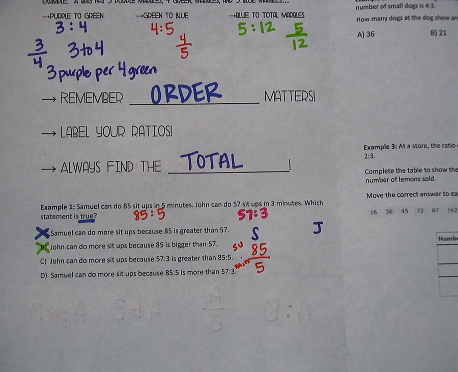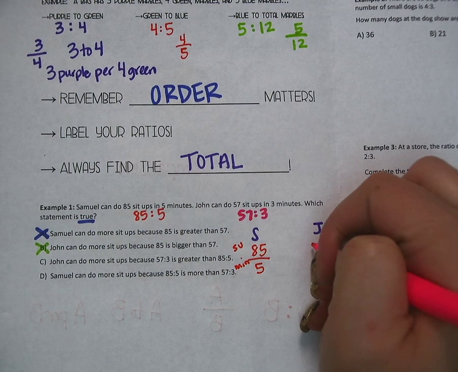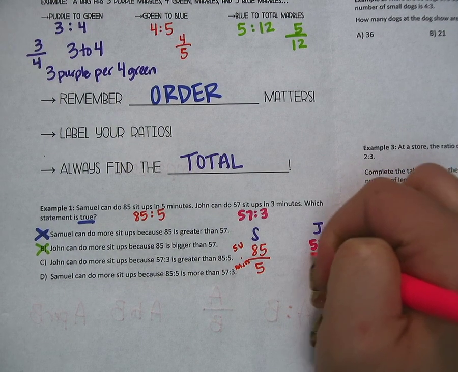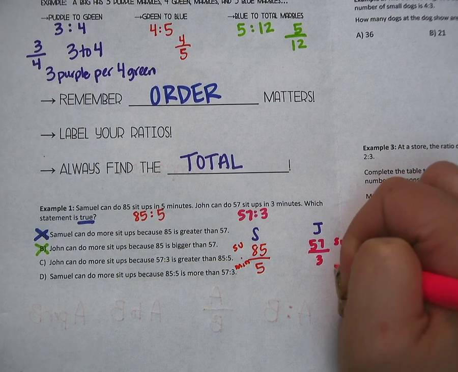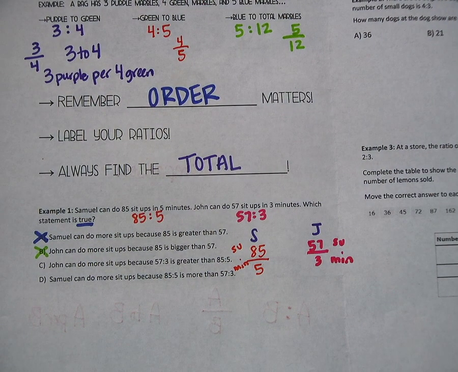I labeled my fraction there. And remember, John was 57 sit-ups in 3 minutes. So I'm going to grab my pink, and I'm going to say, okay, John was 57 sit-ups in 3 minutes. Again, that was sit-ups and minutes.